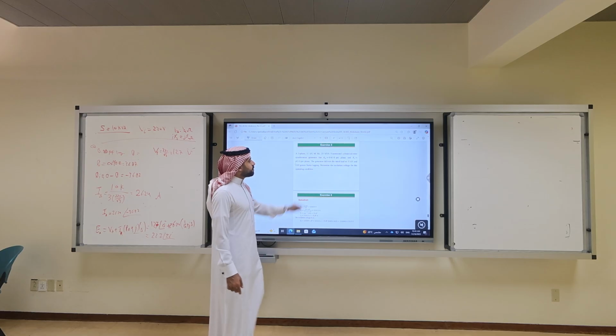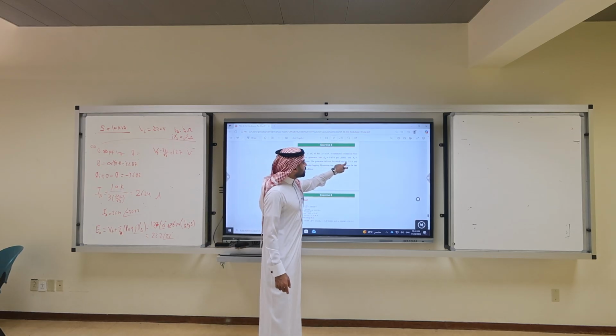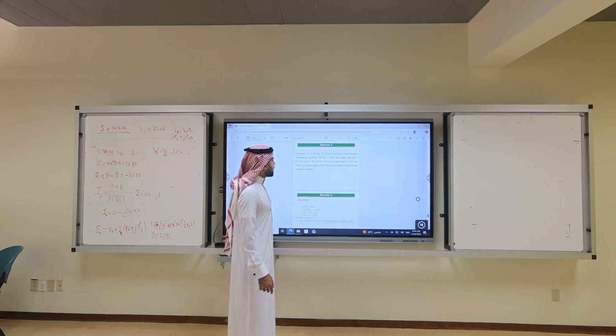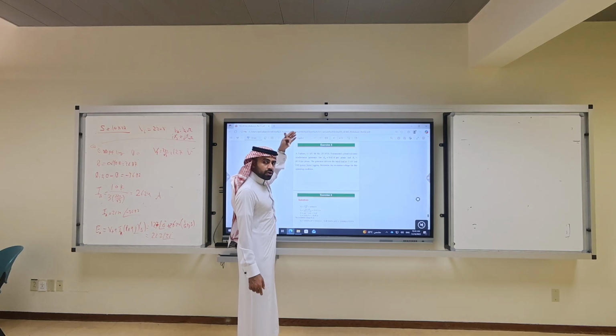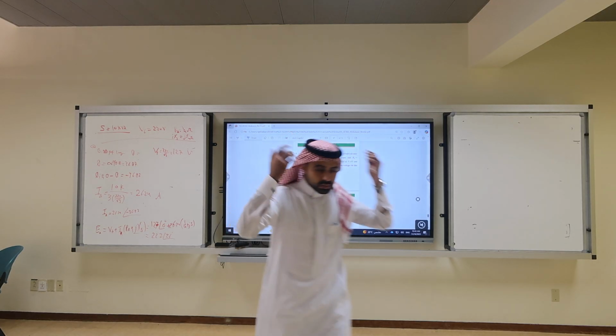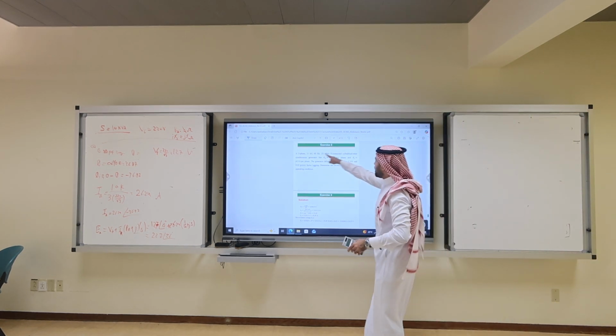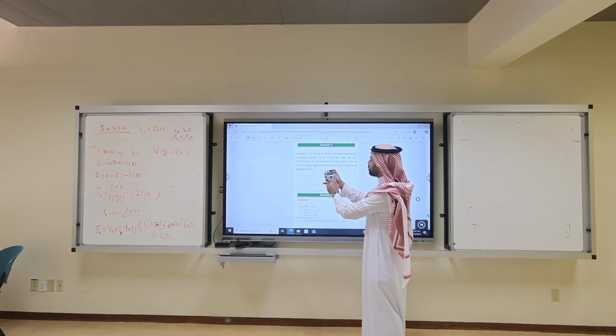The generator delivers the rated load at 11 kV with 0.85 power factor lagging. So this question is the same question as before, except it's part A only. So we can do it clearly by calculator without writing. It's Y connected, so I calculate IA.